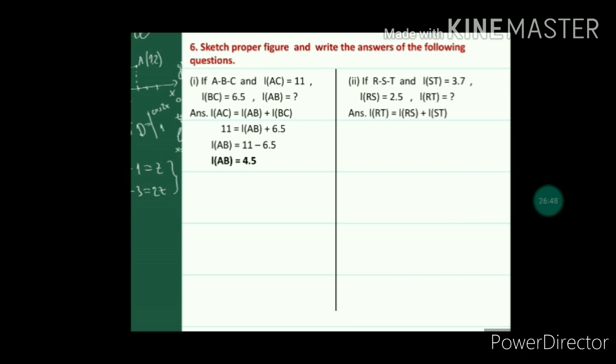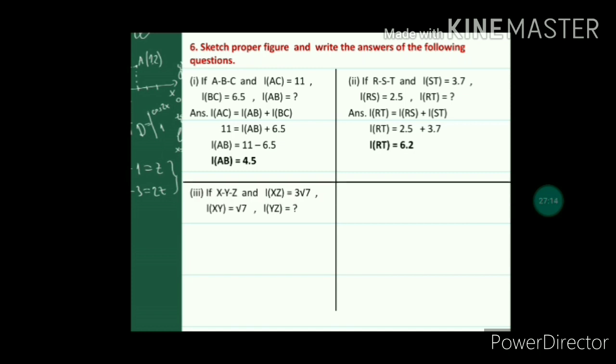Here, length of RT is equal to length of RS plus length of ST. Put the value. Length of RT is equal to 2.5 plus 3.7. Length of RT is equal to 6.2.